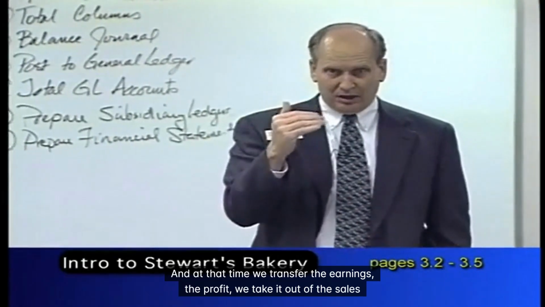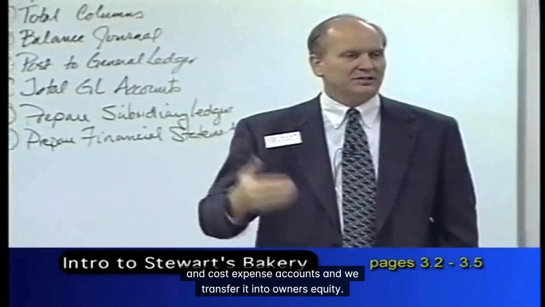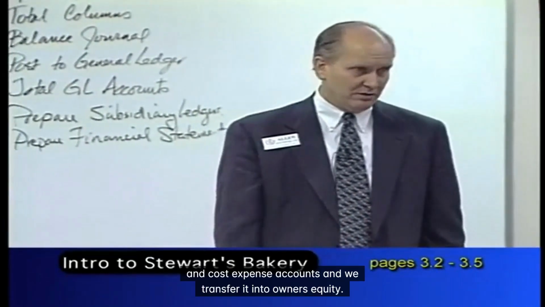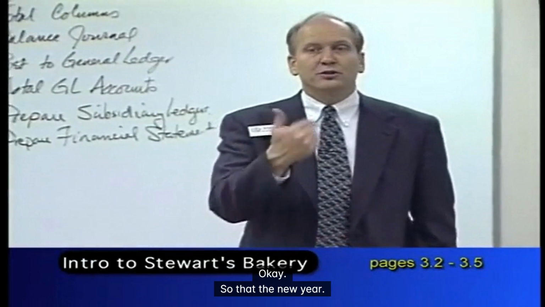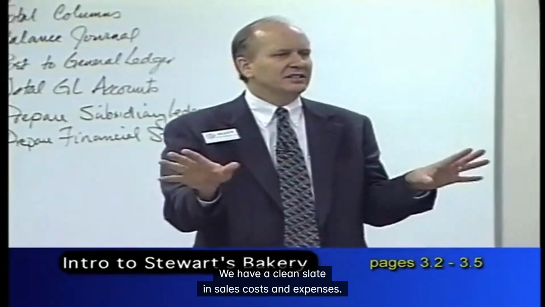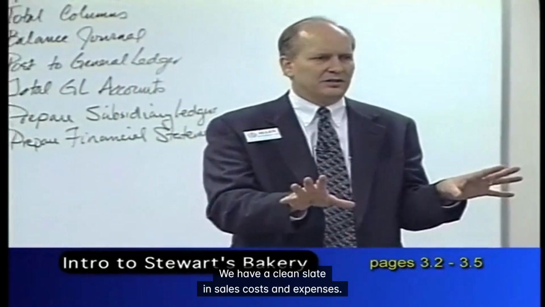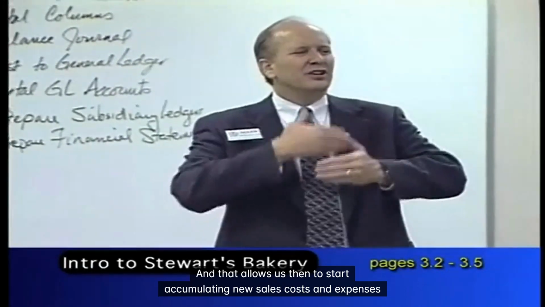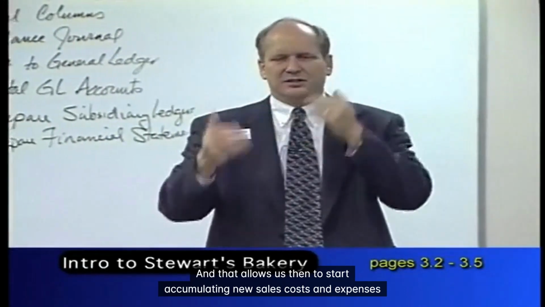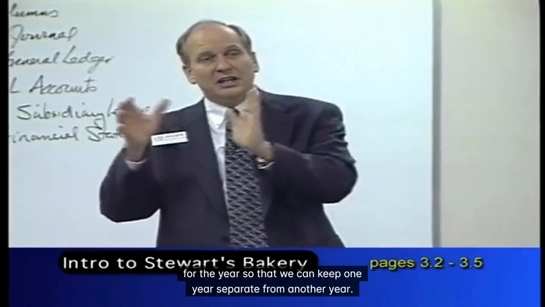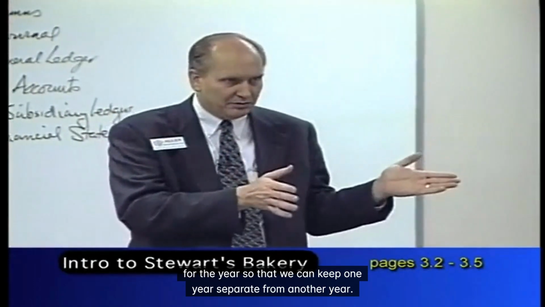We take it out of the sales and cost expense accounts and transfer it into owner's equity. Okay? So that in the new year, we have a clean slate in sales, costs, and expenses, and that allows us to start accumulating new sales, costs, and expenses for the year so that we can keep one year separate from another year. You see that?